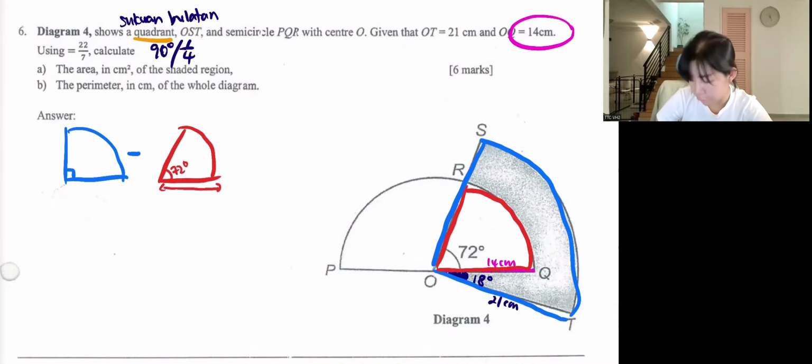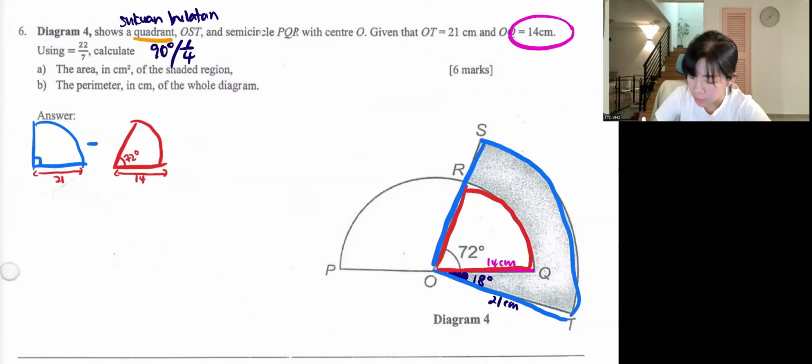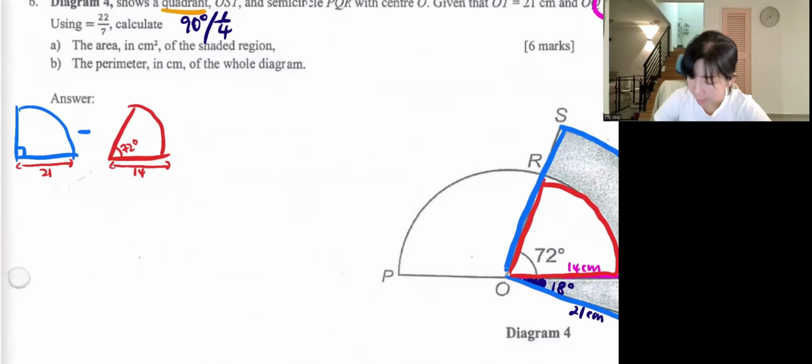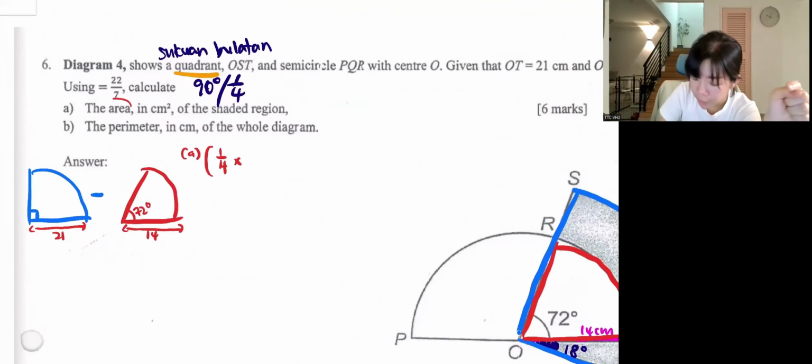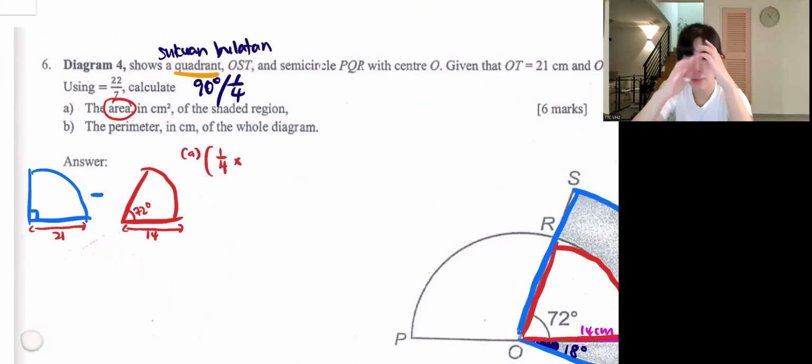Radius 14. Okay, the quadrant, 90 degrees, 1/4. The radius is 21 now. Okay, so you know what shape you want to find already. Now you just put it in a bracket. For A, quadrant is 1/4 times... I forgot to ask all of you, what formula do we use if you want to find area? 2 pi r or pi r square?